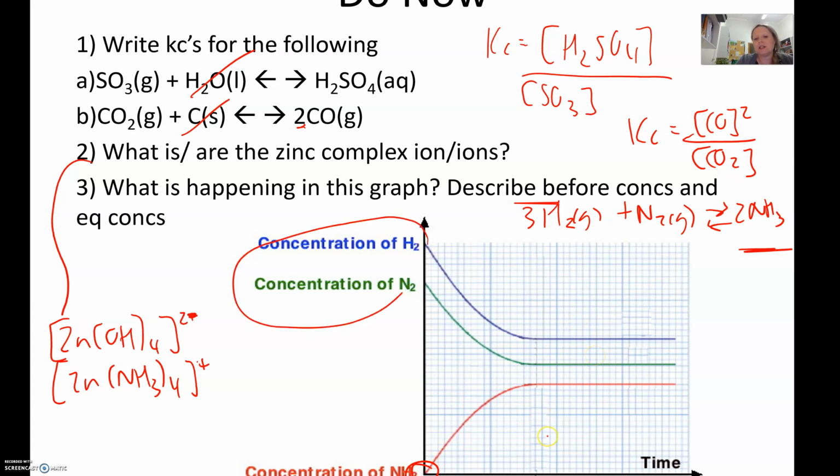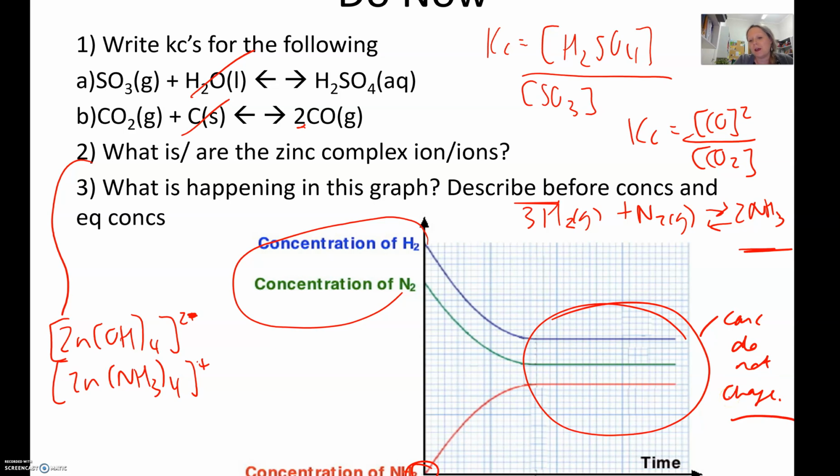As the reaction proceeds, the reactants decrease in concentration as the products increase in concentration, because the reactants are being used to make the products. And then equilibrium is established when the concentrations do not change. So I hope that makes sense.